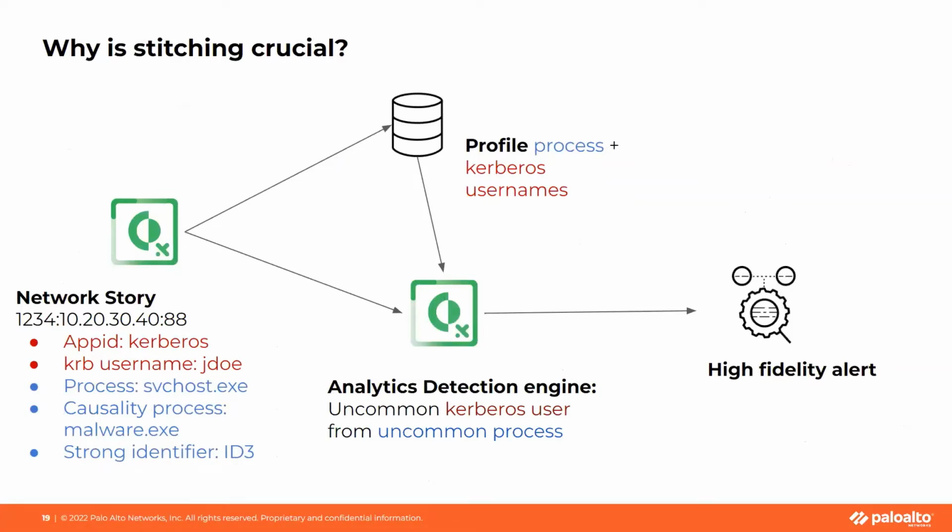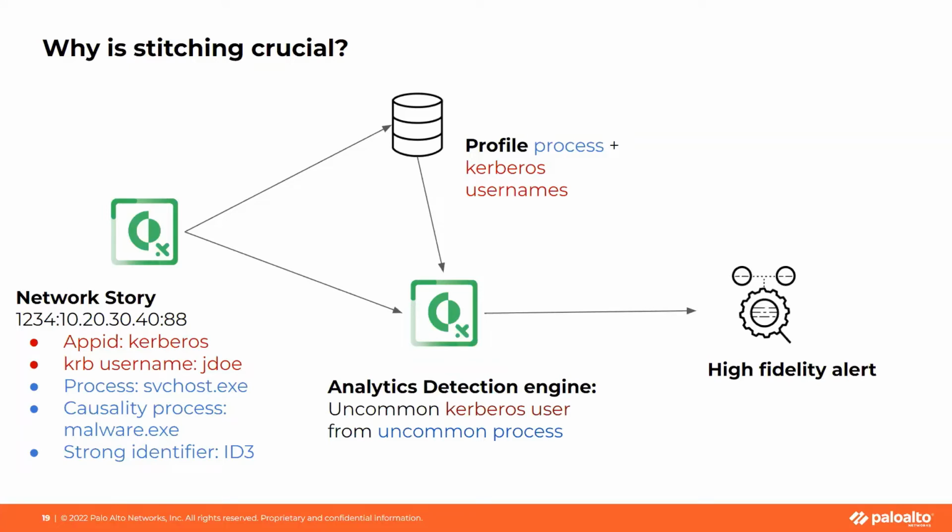I talked a bit about stitching. Why is it that crucial? So as can be seen in this example, we use both EDR context data as well as firewall DPI data, a process and Kerberos usernames profile, learning which processes communicate using which Kerberos usernames.